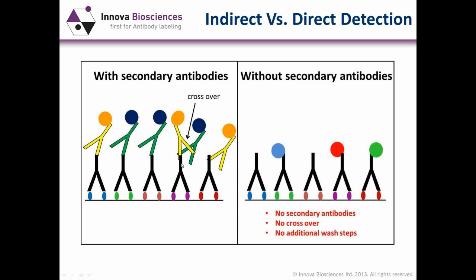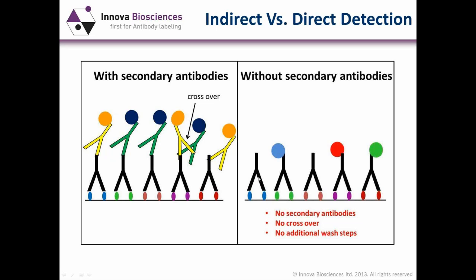primary antibodies. Now, there is a way of getting over this. You can actually eliminate the need for secondary antibodies by using direct detection. This is where the primary antibodies, regardless of species, have been labeled with a fluorescent dye or fluorescent protein.